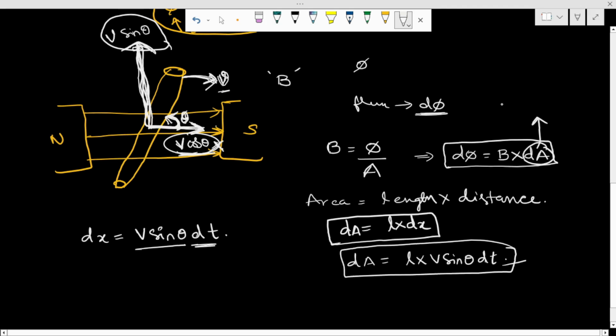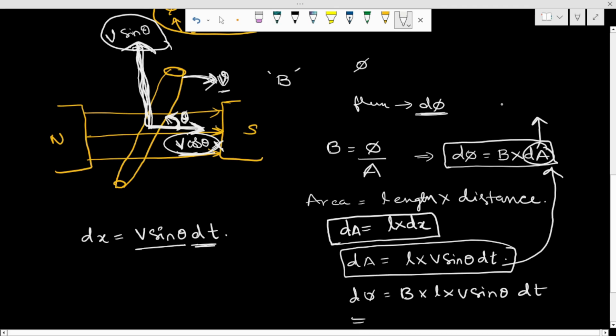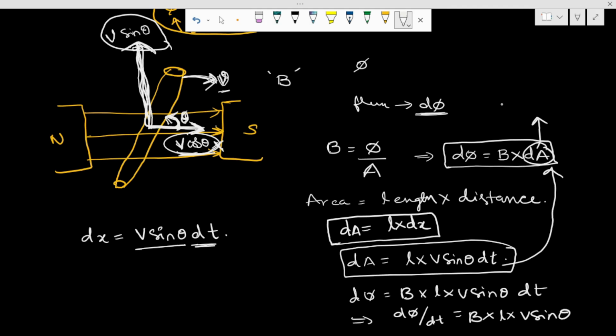We substitute this dA in d phi. Then d phi is equal to B into L into V sin theta dt. That implies d phi by dt is equal to B L V sin theta. According to Faraday's law, E is equal to d phi by dt.